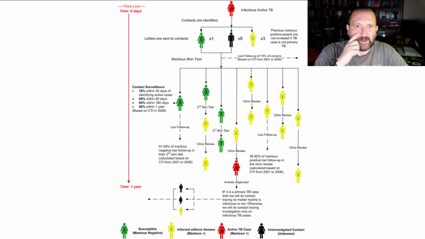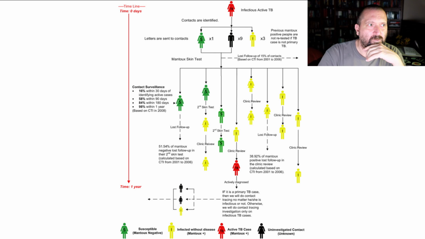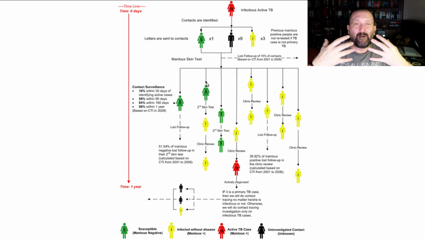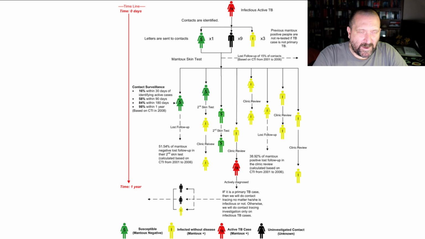Here the idea, and I'm really not going to go into the details, is that when you have patients that are diagnosed with TB, there are a lot of different surveillance mechanisms that can be put in place. So you see, for example, this represents someone who becomes infectious with active TB, and then their contacts are going to be identified.